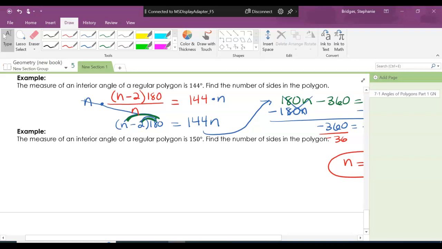Set it equal to what they tell you the angle is. We should all be working on this last example.